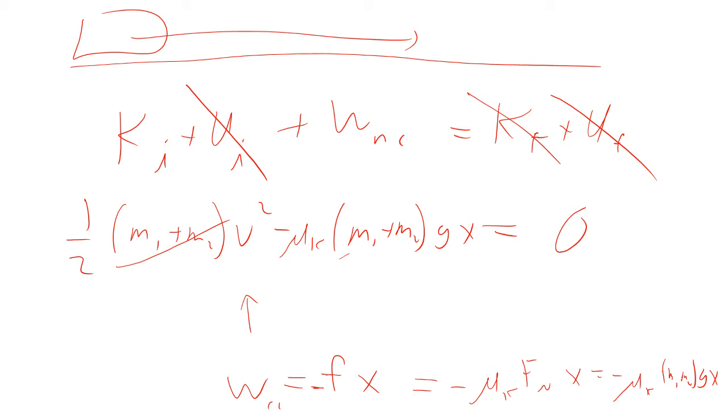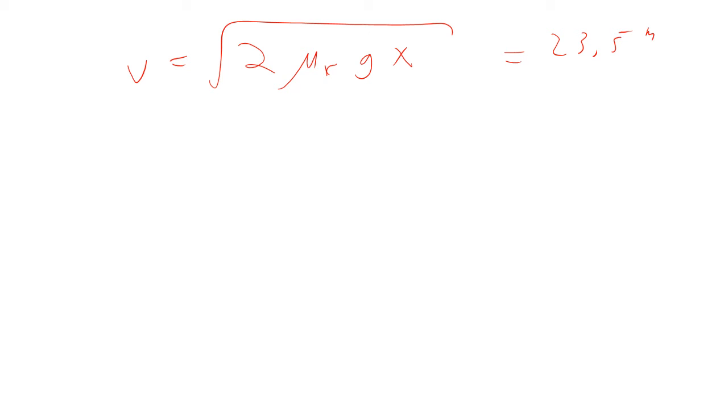We can divide through both sides by the mass. We can work backwards, solve here. V, okay, is square root 2 mu sub k gx. So that lets you figure out that the velocity was 23.5 meters per second.